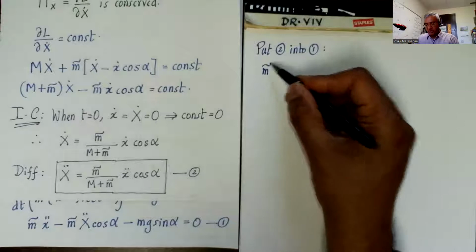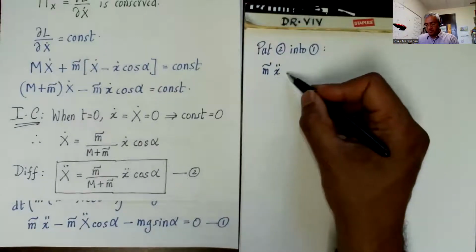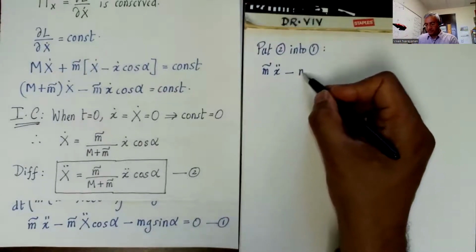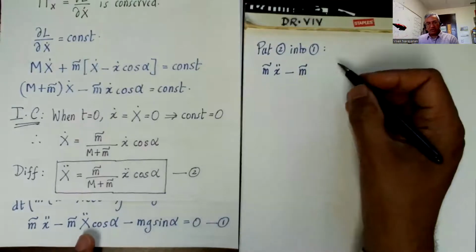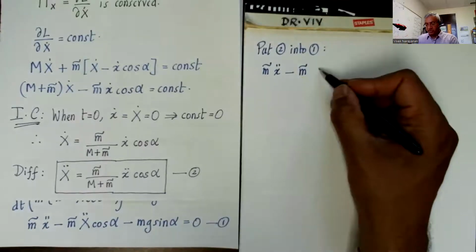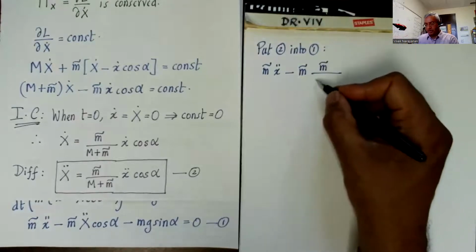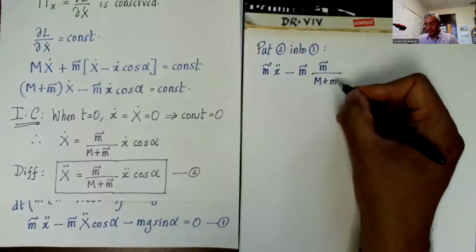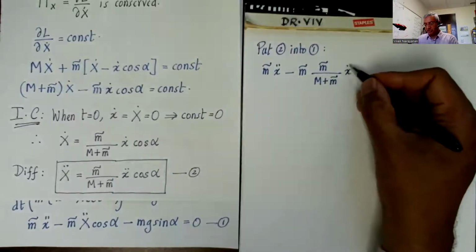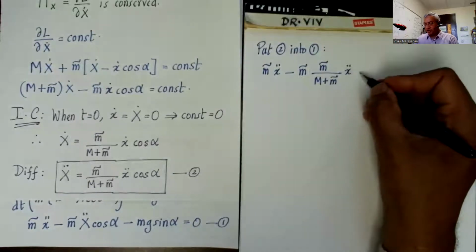Well, equation 1 has got X double dot there. So I'm going to write M tilde over M plus M tilde, little x double dot cosine alpha, but there's another cosine alpha there.